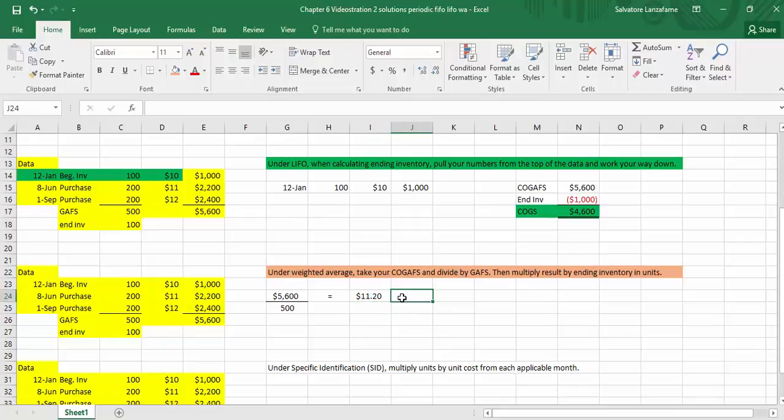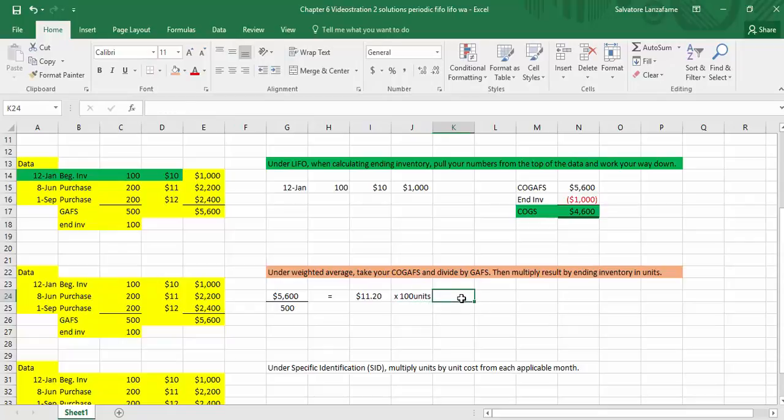Okay. So once I have that $11.20 per unit, notice the prices were 10, 11, 12. So the answer had to be somewhere between 10 and 12. You're then going to multiply this result by how many units you had in ending inventory.